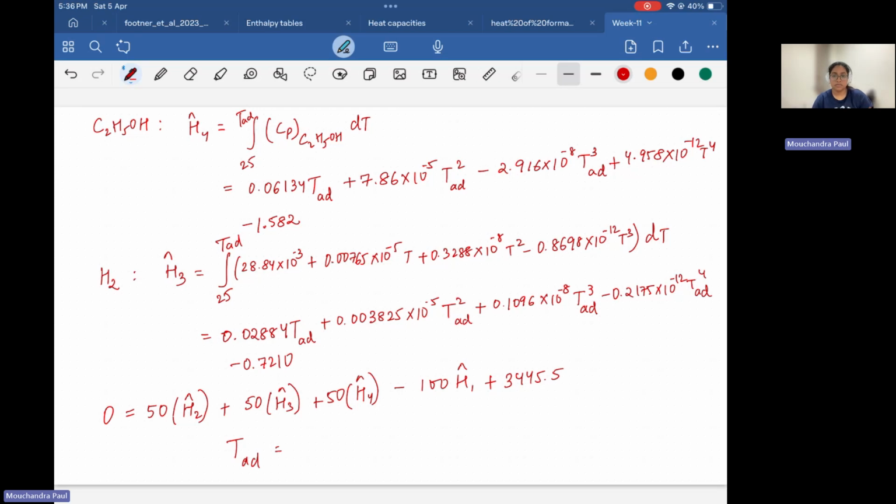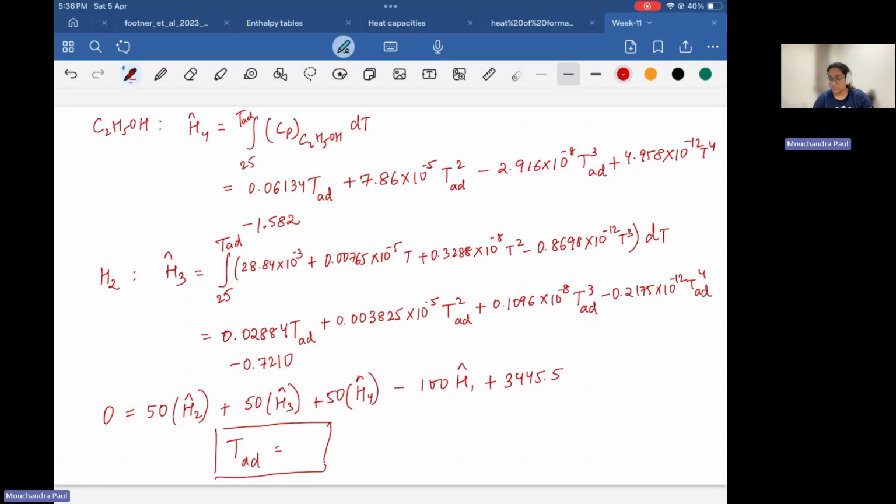So if you put this big equation into a solver, you should be able to get T adiabatic. I tried to write it out, and it's a very big expression.